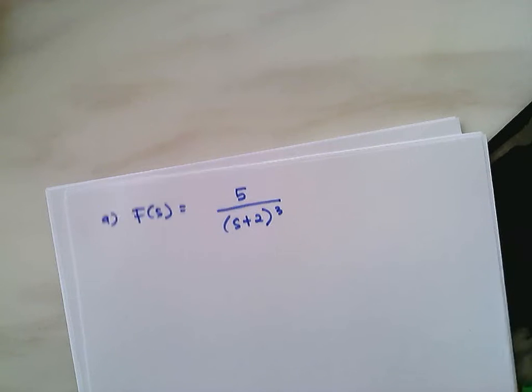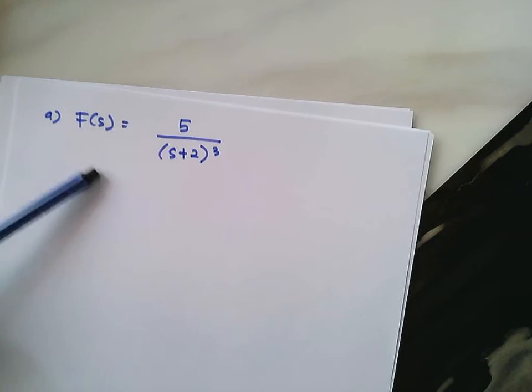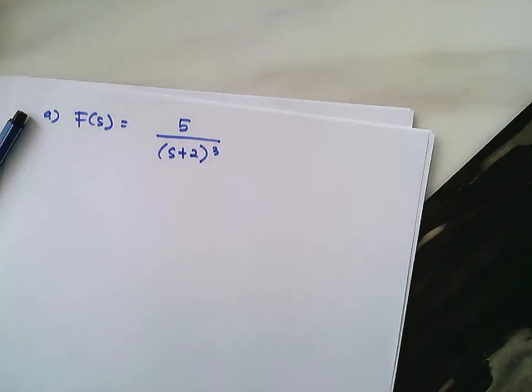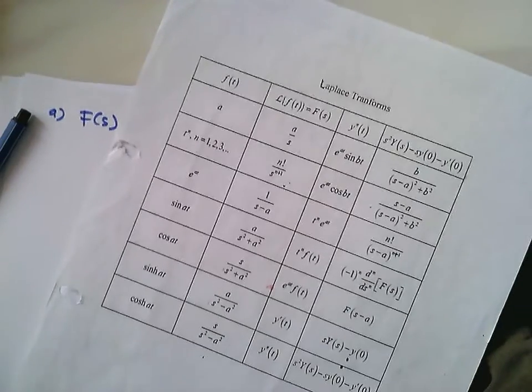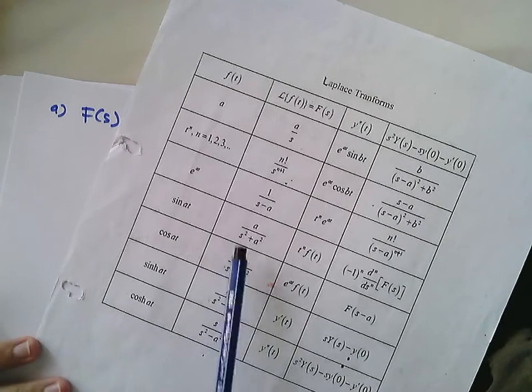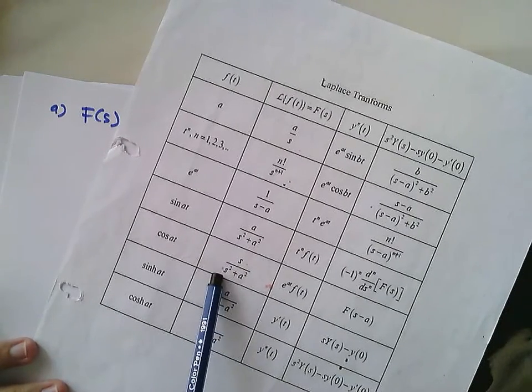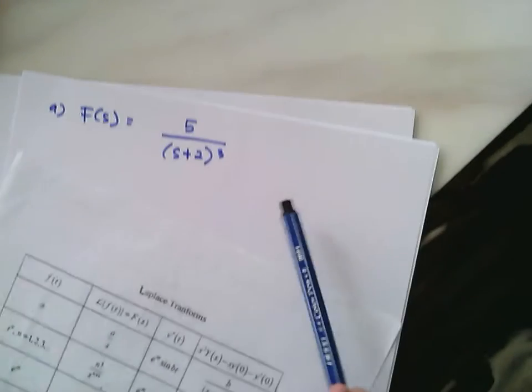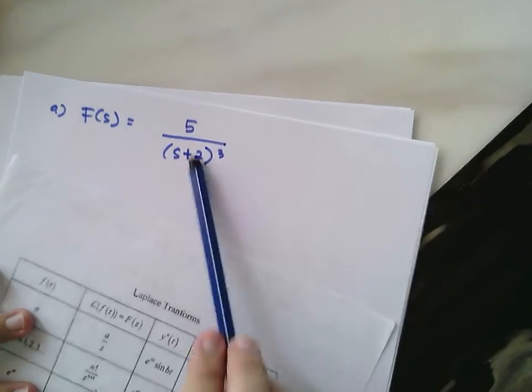As you can see, you cannot get this directly from the table. Why? Because in the table of Laplace transforms, there is no such thing as (s plus a) the whole thing to the power of n. What you have is just s, or s squared, or s minus a. You don't have a form like this.